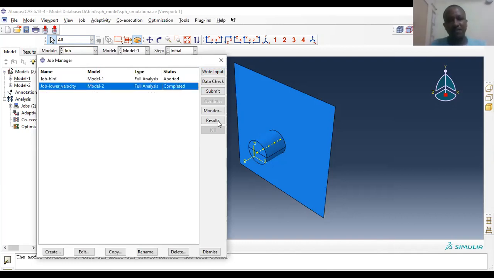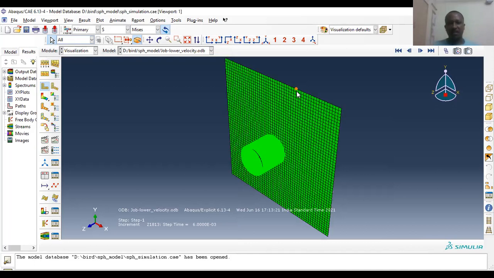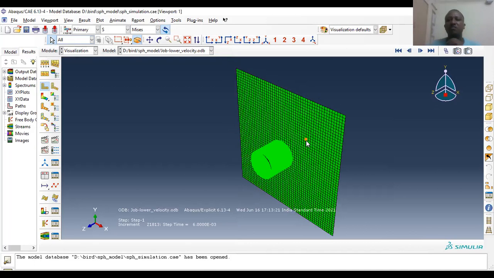This is one of the completed jobs, because on my laptop it takes a long time, since a very dense mesh is used to generate a number of particles on the bird, because the bird body is considered as particles. So let's see the result of this model that I created for bird impact.